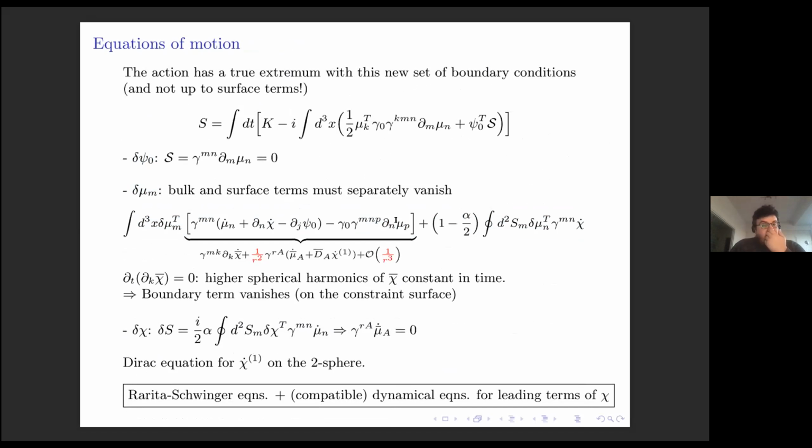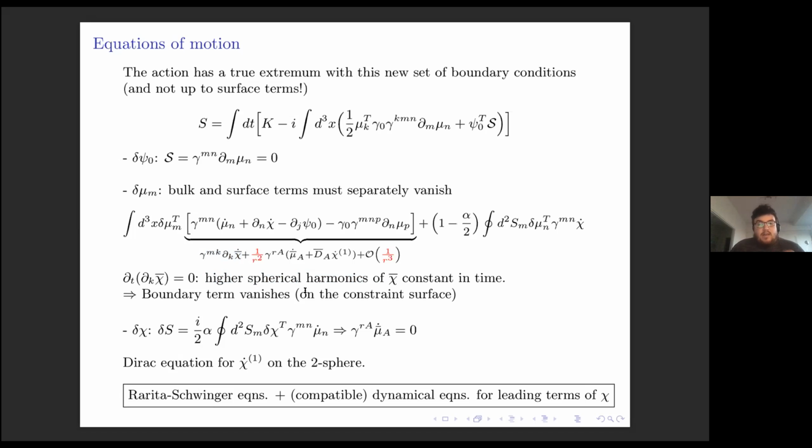The bulk term looks like the spatial part of the Rarita-Schwinger equations when we split in space and time the covariant equations. And one can show that asymptotically these equations say to us that the higher spherical harmonics of chi bar, that is the limit term of chi, are constant in time.